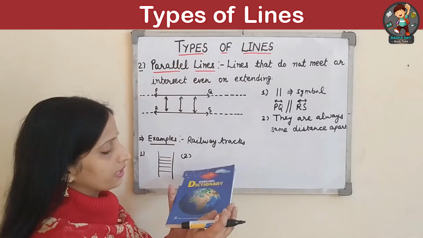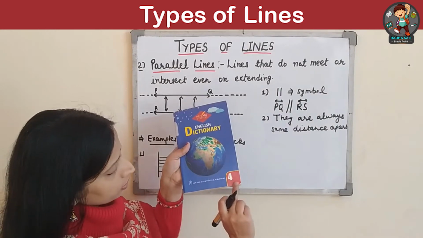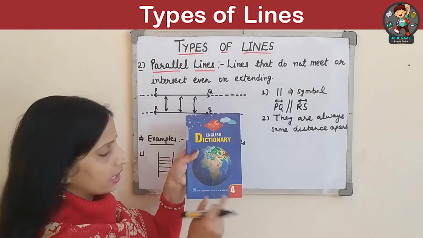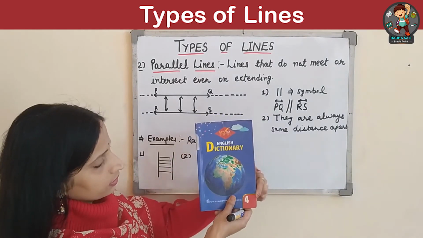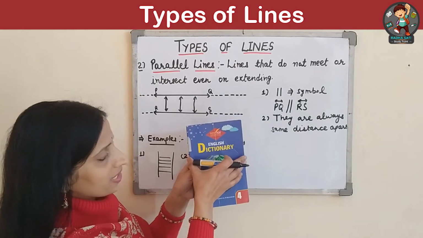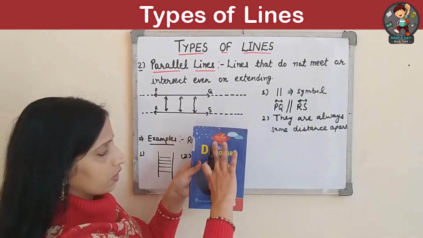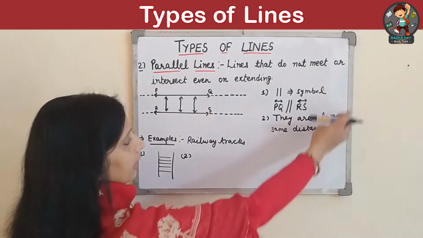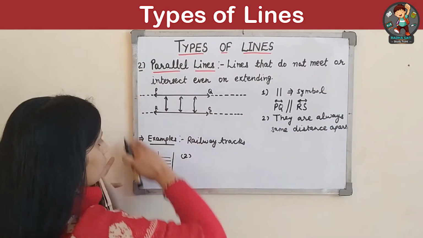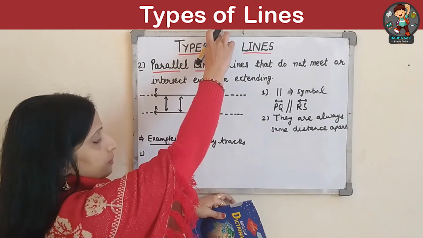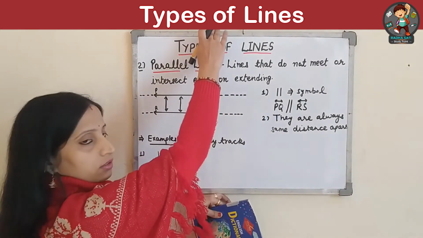In this textbook you can see that this edge and this edge are parallel to each other, and this one is parallel to this one. So the opposite sides are parallel to each other. Here also on this whiteboard you can see that this edge is parallel to this edge, and the upper edge is parallel to the lower one.